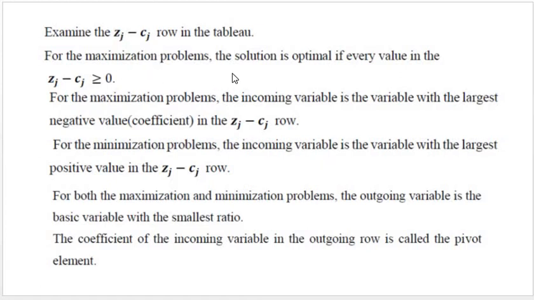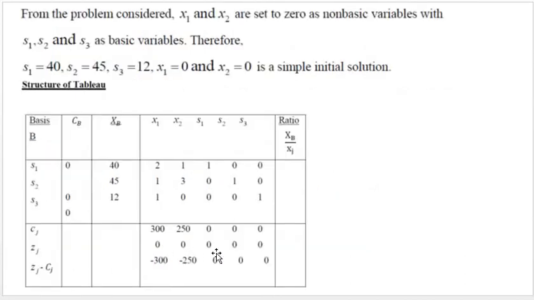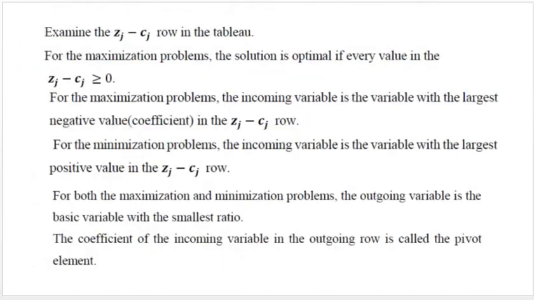For a maximization problem, the solution is optimal if every value in the Zj minus Cj row is greater than or equal to 0. And for a maximization problem, the incoming variable is the variable with the largest negative value in the Zj minus Cj row.